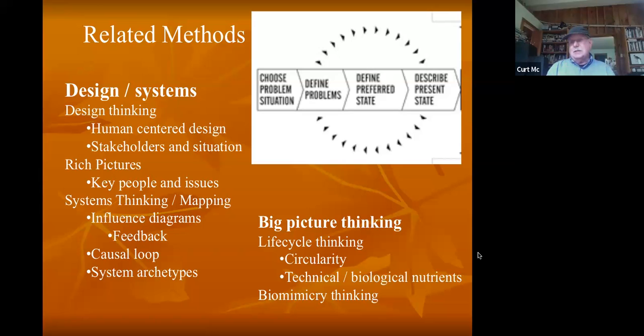This gets us to the next thing, that there's a huge literature on systems thinking and mapping. Typically you will have some sort of, sometimes they call them blobs, connected with arrows, and those arrows indicate influence. The reason we concentrate on these blobs and arrows is that we're looking at system behavior when we're doing systems thinking and mapping.